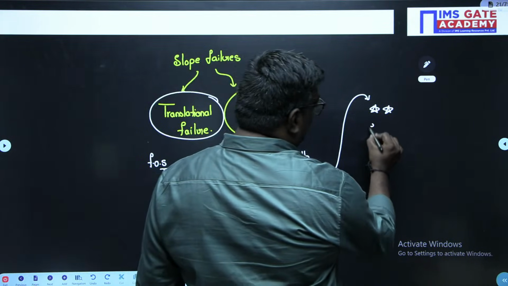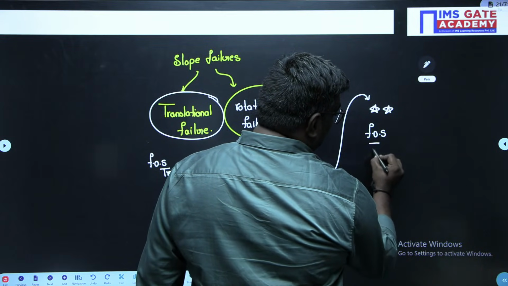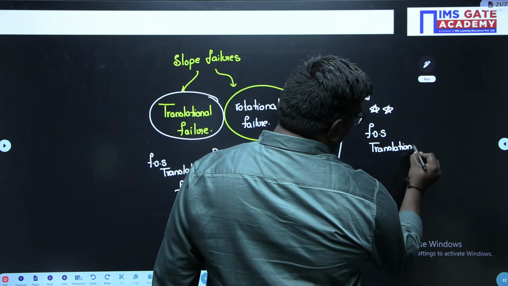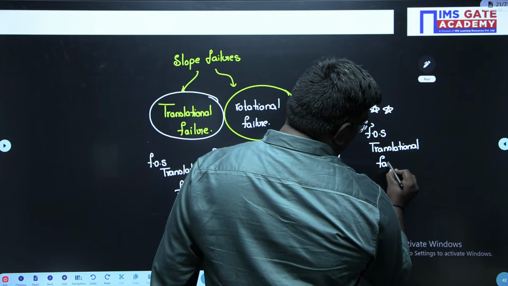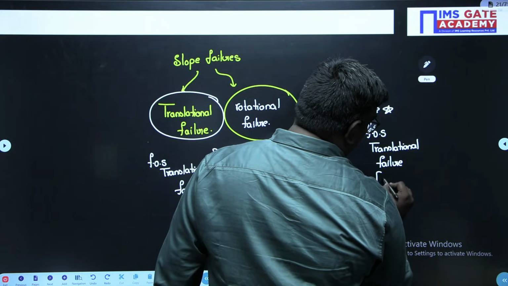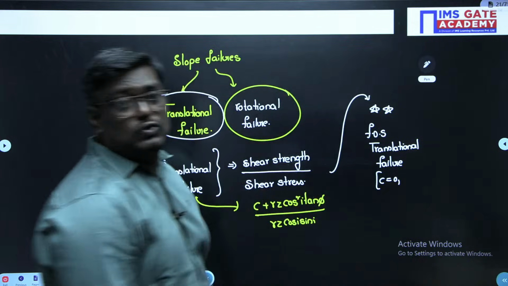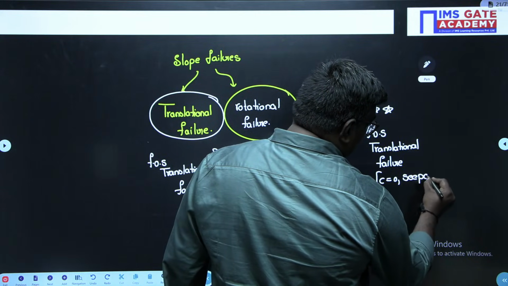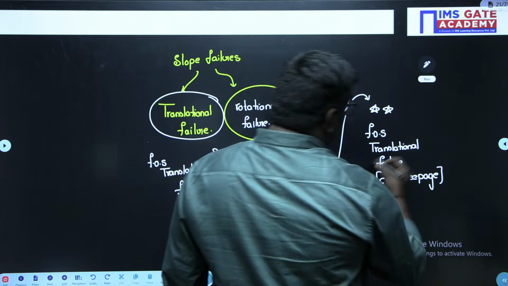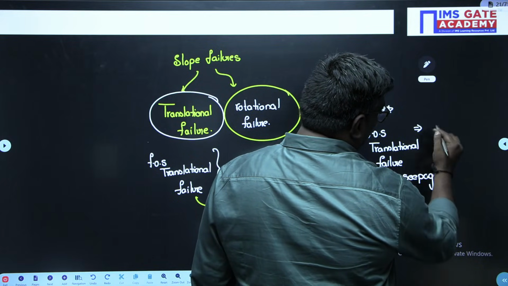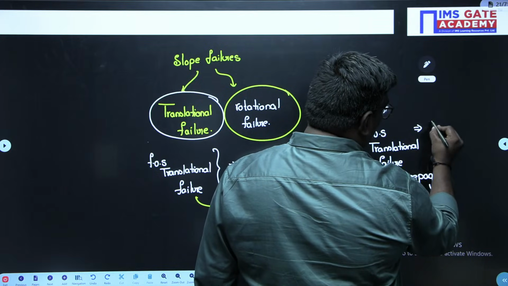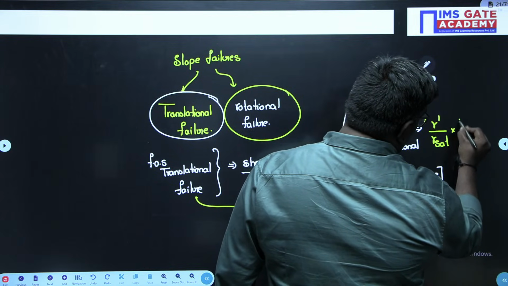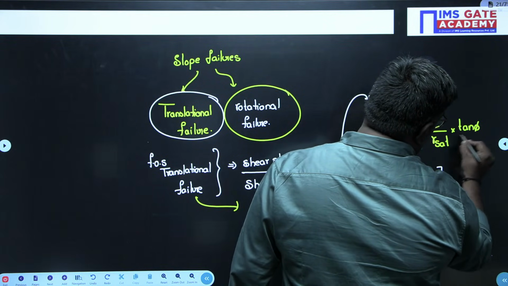Factor of safety for translational failure in case of cohesionless soil with seepage, seepage meaning the water will penetrate into the soil, is given by a very, very important formula, students: submerged unit weight by saturated unit weight into tan phi by tan i.